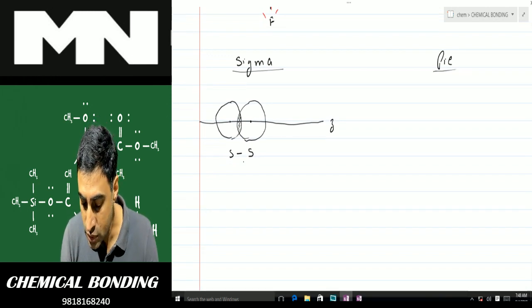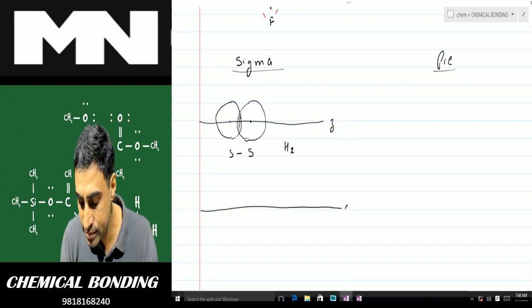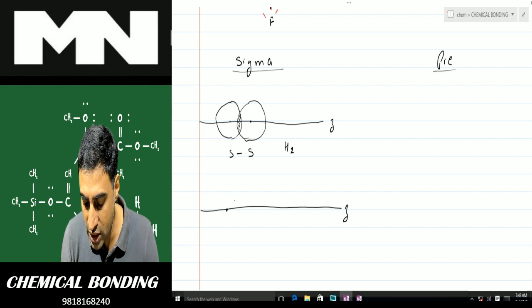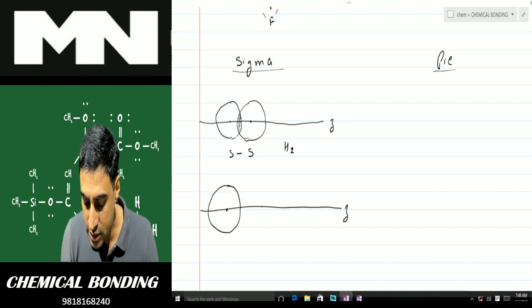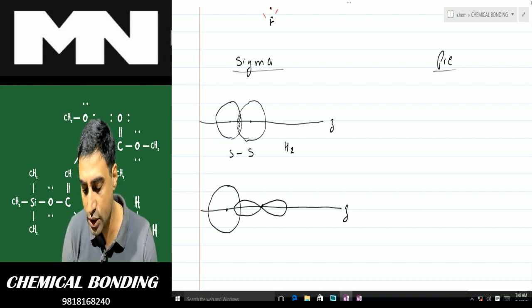Likewise, this is say the H2 molecule, hydrogen molecule. Now again, this is the z-axis. Here I have a hydrogen atom and this is the s orbital of the hydrogen atom. The second I have is a p orbital of say chlorine.